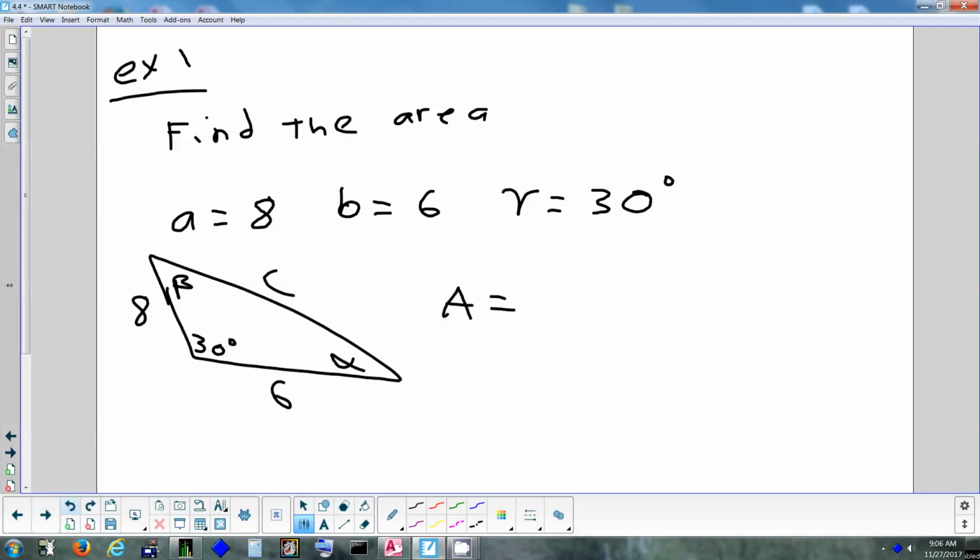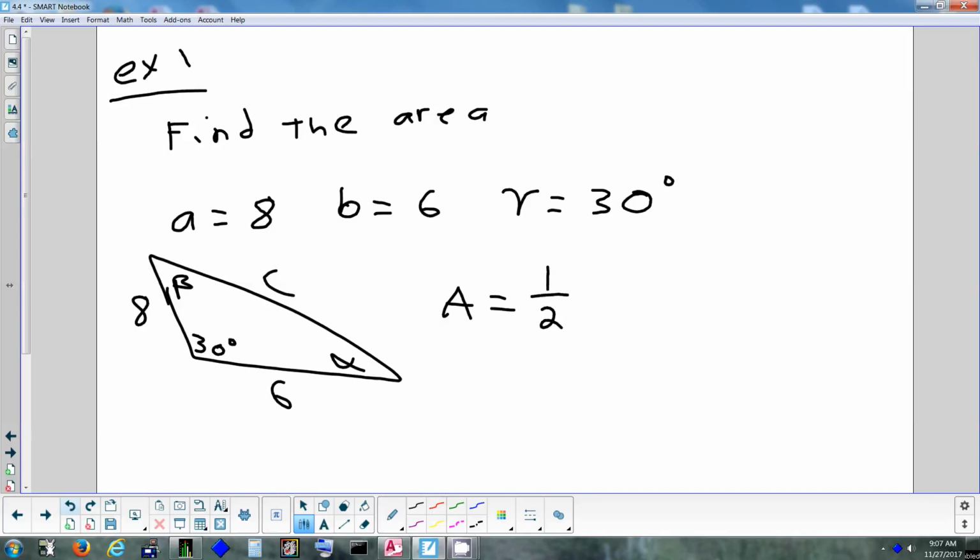Anyone think they can, you don't have to give me the answer, but just set up the calculation for the area of that triangle. Well, Zach, could you start us off with the formula? A equals 1/2, 8 times, no, 6 times 8.